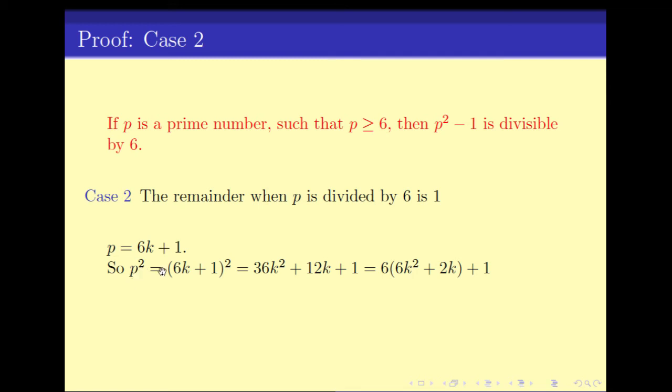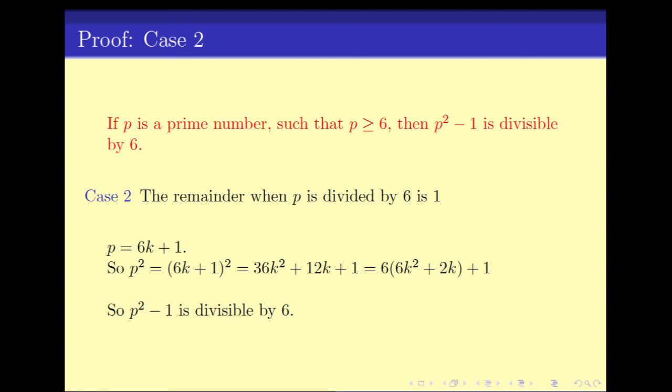We have a P square here, now we have a 1 here, and we have something 6 times this. And that is the main idea. So P square minus 1 is 6 times (6k square plus 2k), and 6k square plus 2k is an integer, so P square minus 1 is divisible by 6, and hence done.